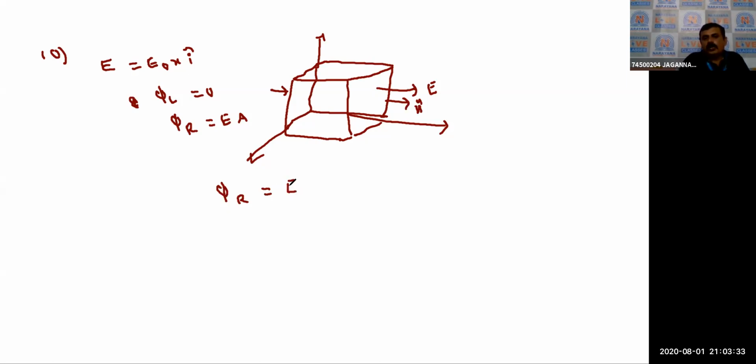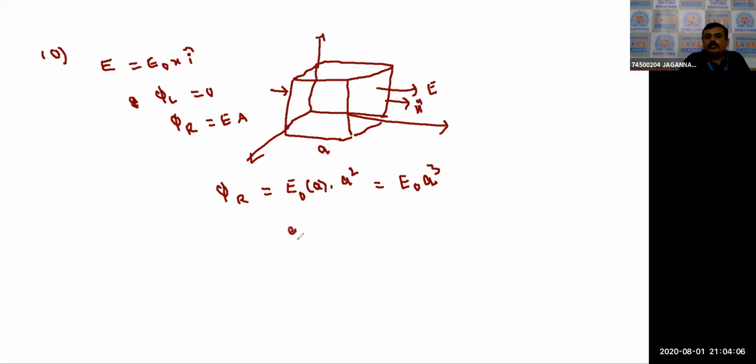The distance x is the side length A, and the area is A square. So we get E naught into A cube.